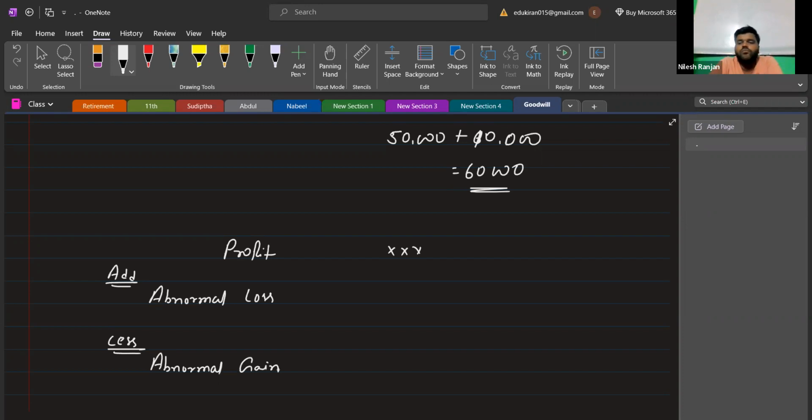No, sir, we should add it, because it was something unforeseen. So why do we need abnormal loss? If it is unexpected and of non-recurring nature, then we can ignore abnormal loss or abnormal gain. Yes or no? For profit calculation, we don't need abnormal loss or abnormal gain.